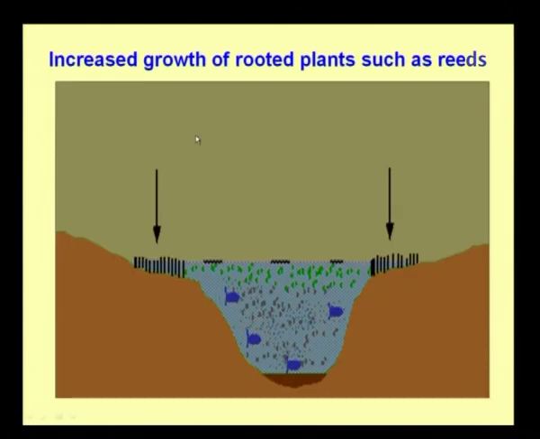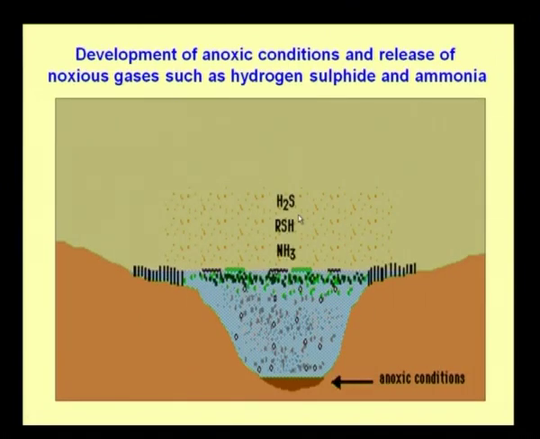And see, there is increased growth of rooted plants such as reeds on the banks, and the net result is that there is no oxygen, so the fish cannot live because it is an anaerobic condition.